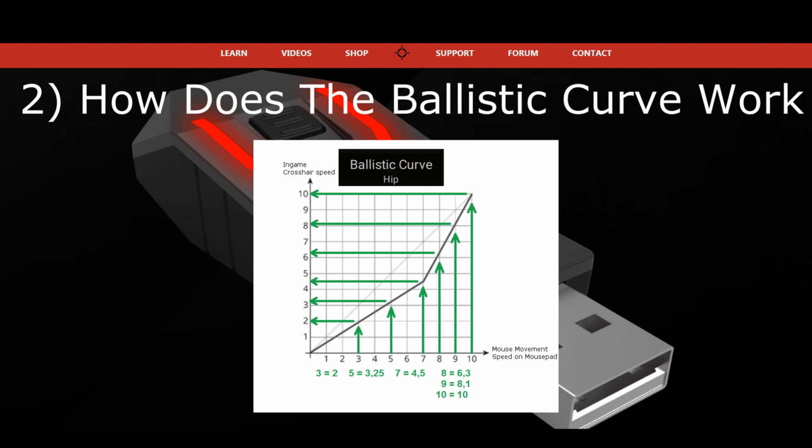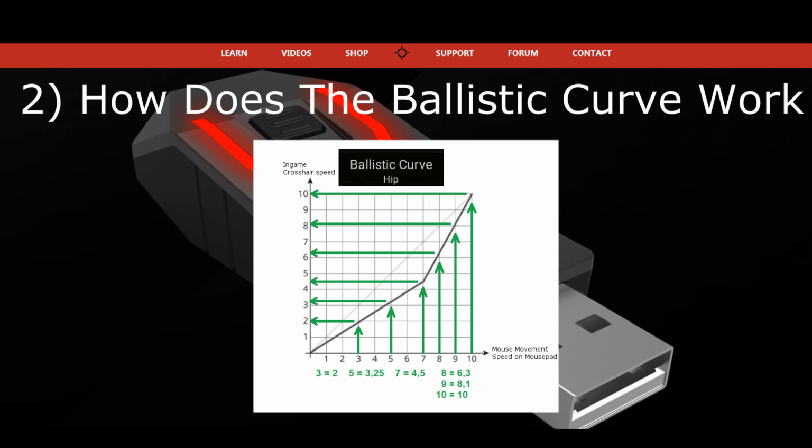The ratio between 8 and 6.3 is 0.79, while the ratio between 9 and 8.1 is already 0.89. As a result, when the mouse is moved with a speed of 70% up to 100% on the mousepad, the crosshair in the game will accelerate from 45% to 100%, which is the maximum turn speed of the game.